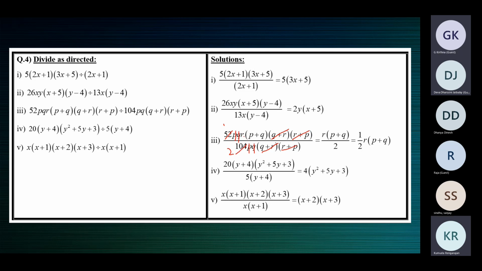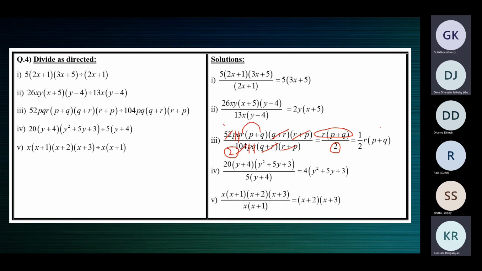Correct. What remains in the numerator is R into P plus Q. This remains in the numerator. And in the denominator, we have only 2. You can also write this as 1 by 2 of R into P plus Q. You can separate the number from it. That's all. 2 is in the denominator.